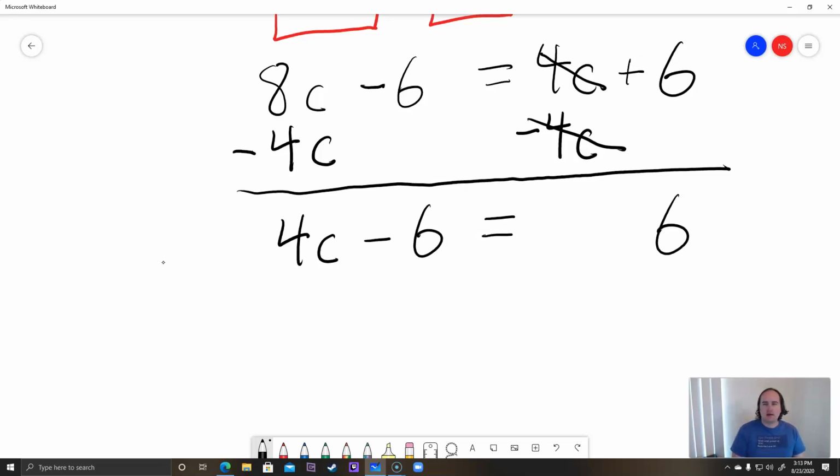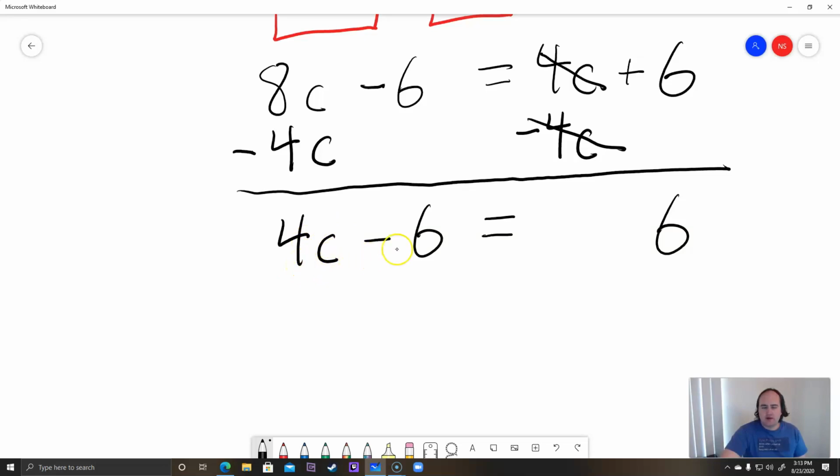So whenever you have a variable on both sides, you need to get rid of one of the variables. This time we got rid of the 4c because I usually recommend that you get rid of whatever coefficient is smaller. Now that we've gotten the variable on one side, it's clear that we want to isolate the c on the left side. How are we going to do that?